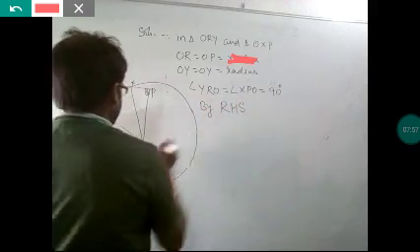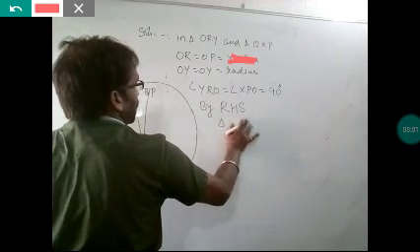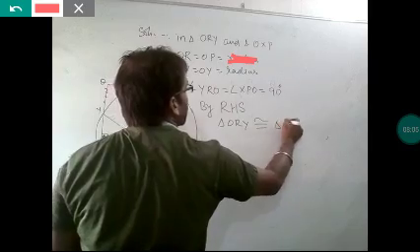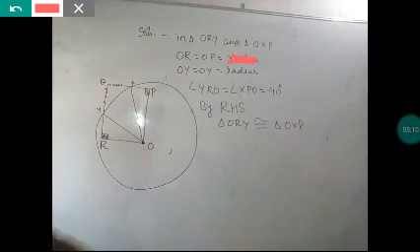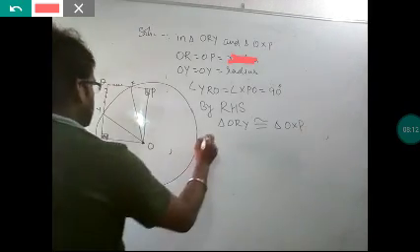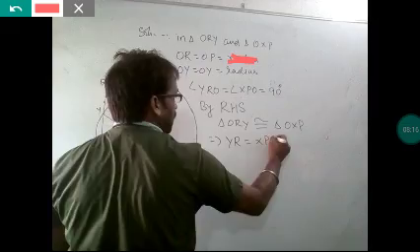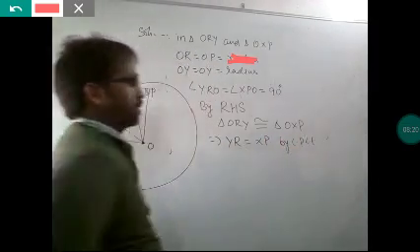So by RHS congruence, we can say that triangle ORY is congruent to triangle OXP. OX and OY are both the radius. So we can say YR is equal to XP by CPCT.